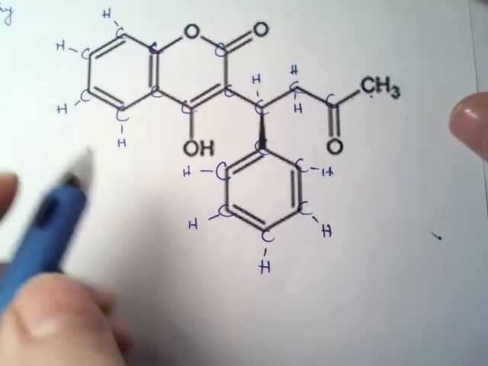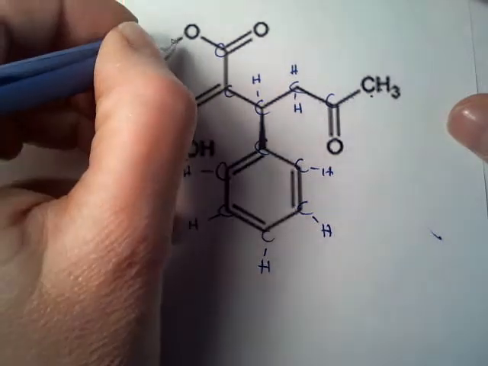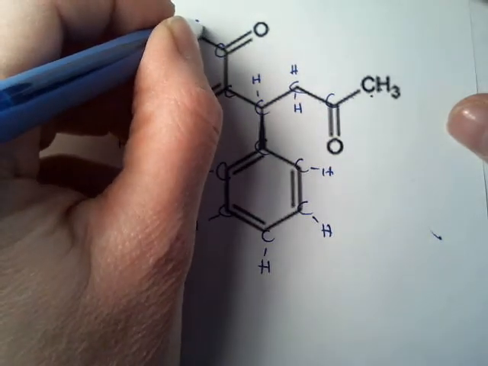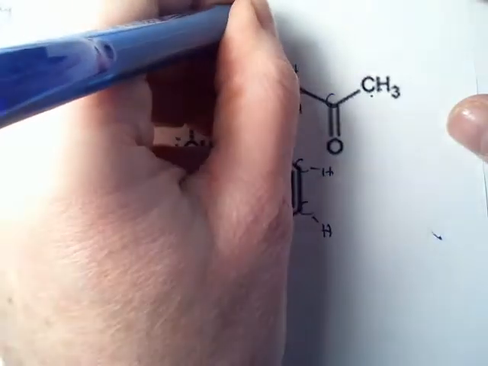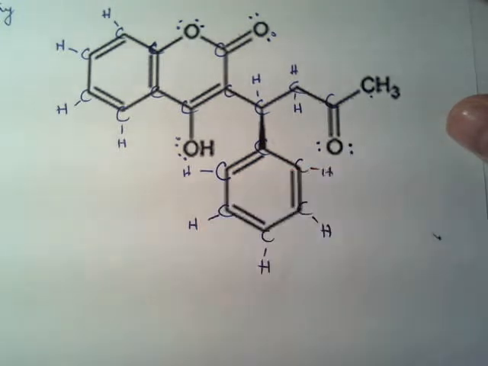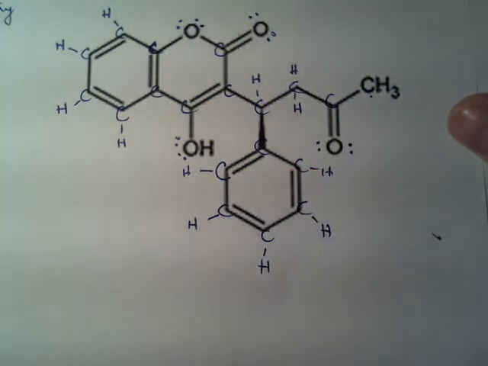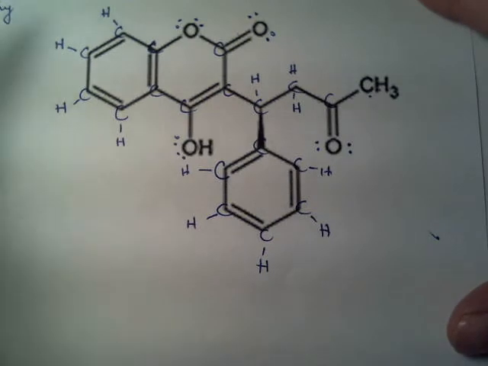Now, oxygen, 2, 4, 6, 8, and so on for each oxygen. Okay, so let's do the hybridization states of each carbon.